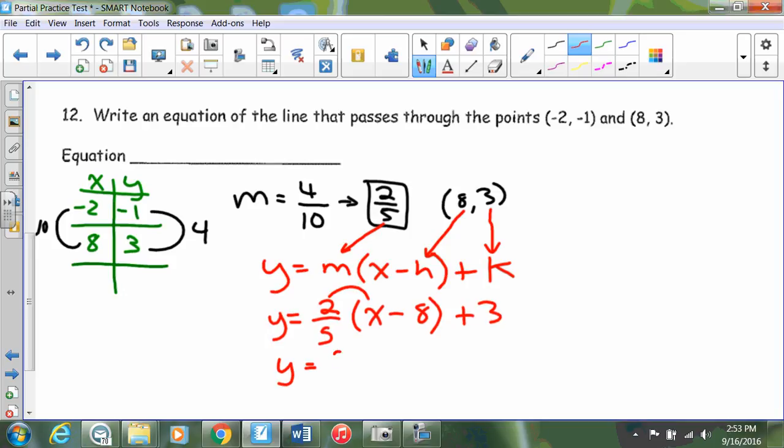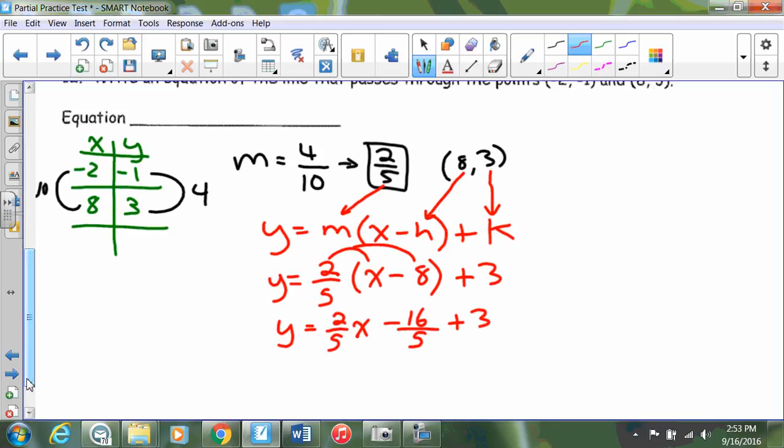So we'll have 2 over 5x. And then we're going to have what? -16 over 5 plus 3. If I put the -16 over 5 in my calculator, I'm going to have to stop writing to be able to do this.